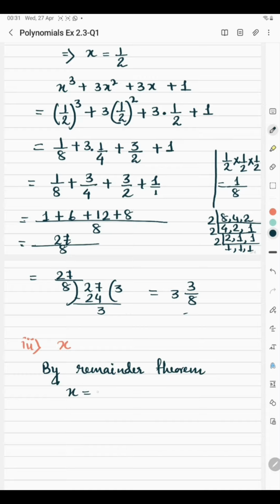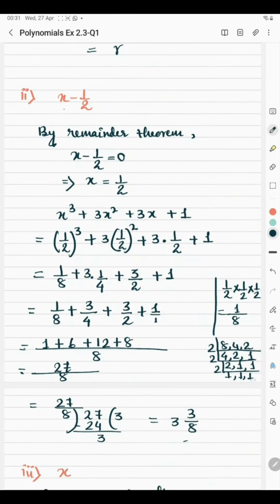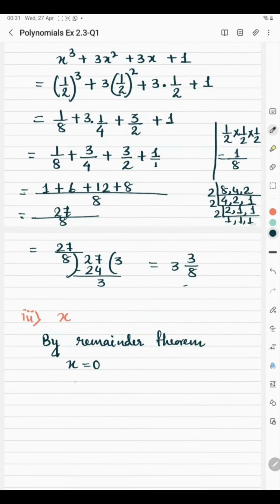So here we'll write x is equal to 0, and as there is nothing with x, we don't have to transpose any number to the right hand side, so the value of x will be 0. Now we'll be putting this value in the same polynomial, which is x cube plus 3x square plus 3x plus 1.